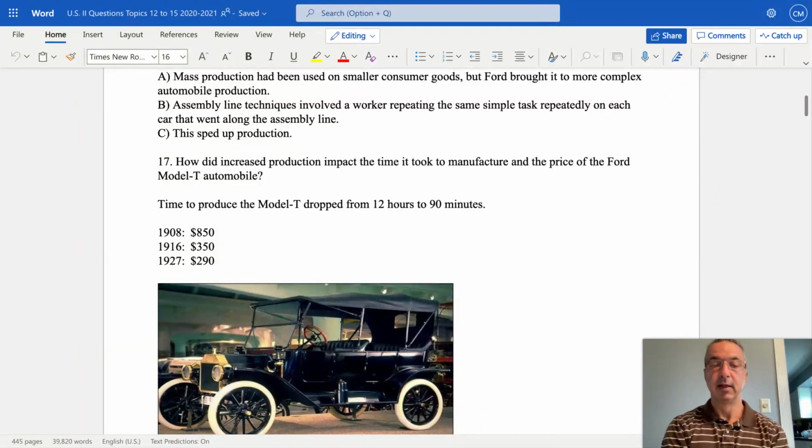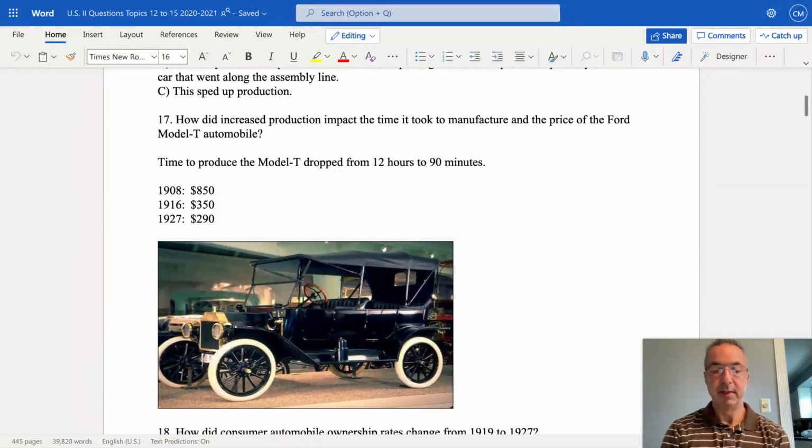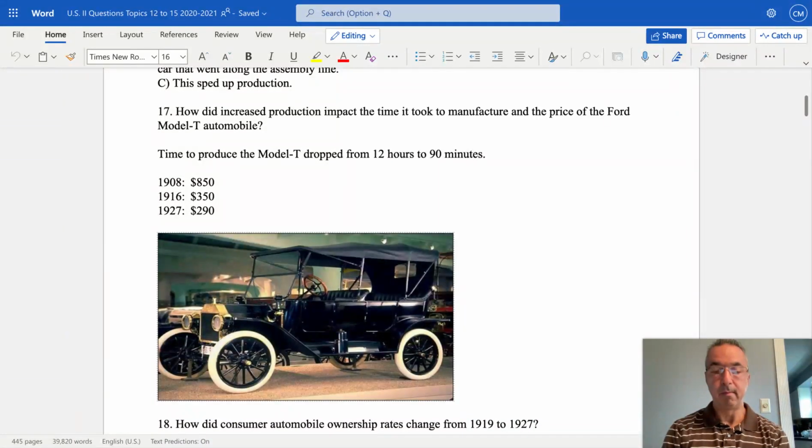As the price came down, it went from $850 in 1908 to $350 in 1916 to $290 a car by 1927. Compare that to modern day society, where all automobiles go up each period of time that you move forward. Let's say we're looking at 2008, 2016, and 2021, for example. You would see that the same automobile would be going up significantly, usually by several thousand dollars from one period to the next. So that's quite a bit different than what we saw here during the 1920s.